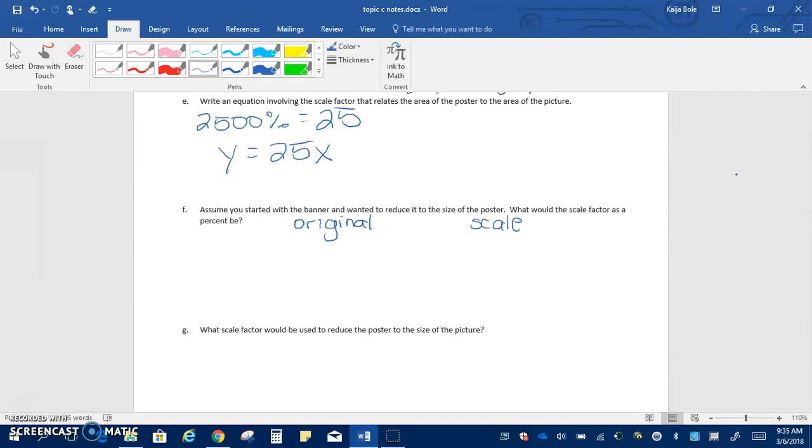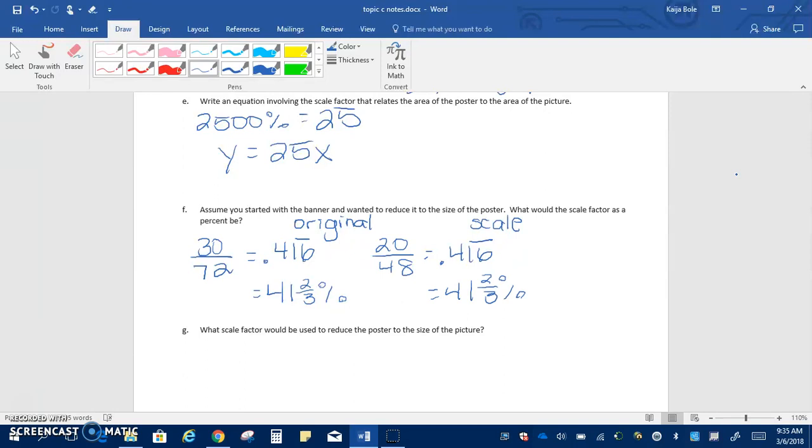So first we could do 30 over 72. When you divide that, you get 0.416 repeating, which if you change that to a percent, it'd be 41 2/3%. And then if we check the other ones, we'd have 20 over 48, which again is 0.416 repeating, which again would be 41 2/3%. So that would be our scale factor.